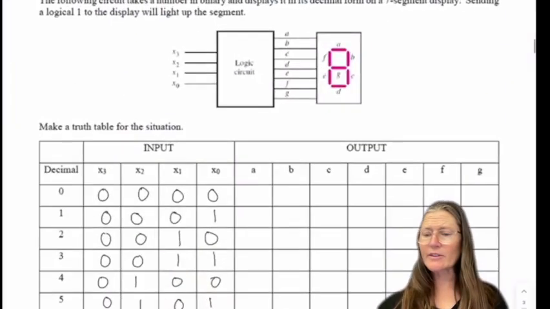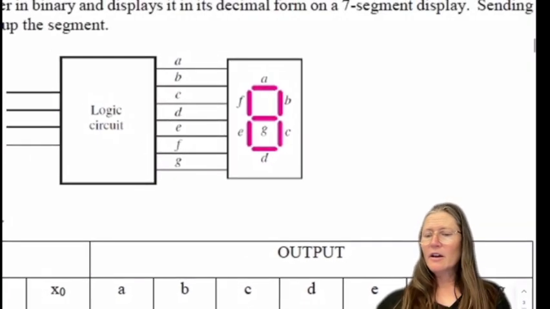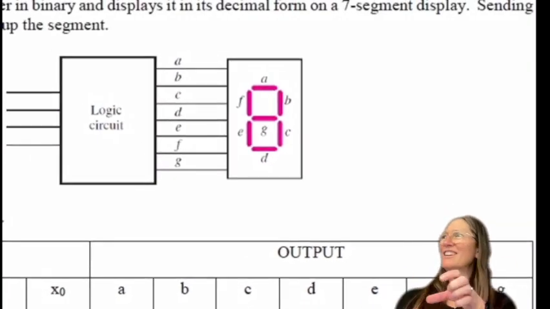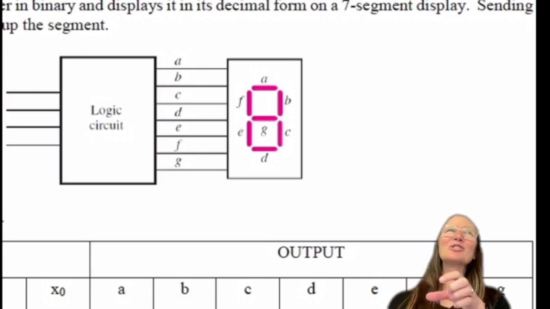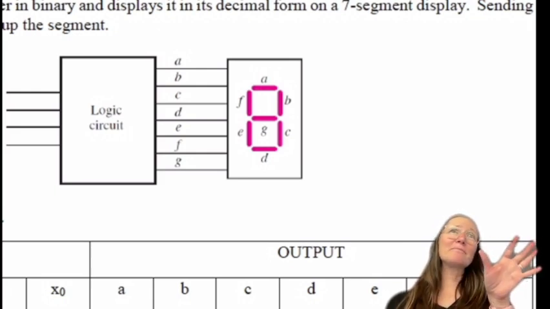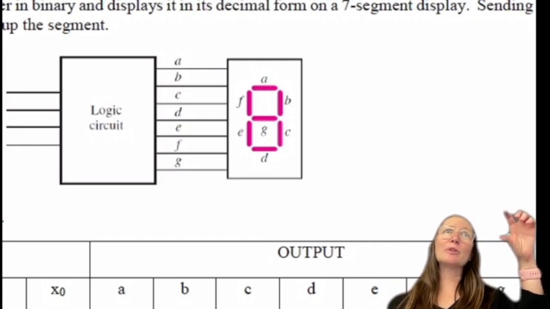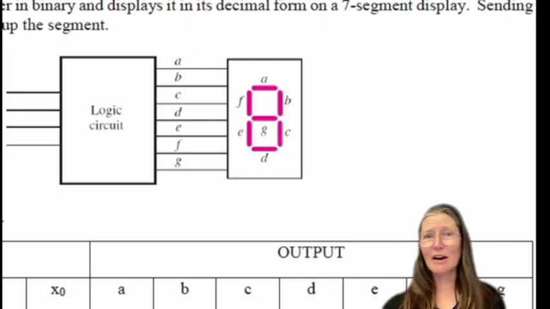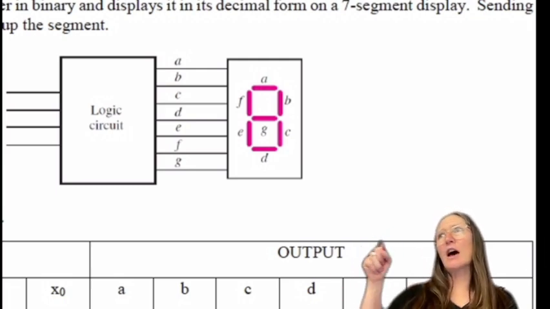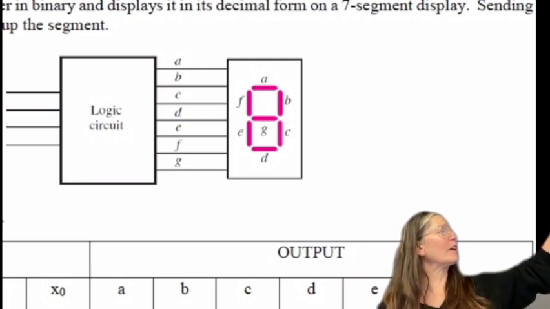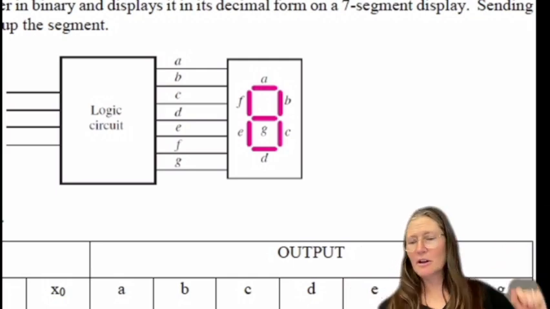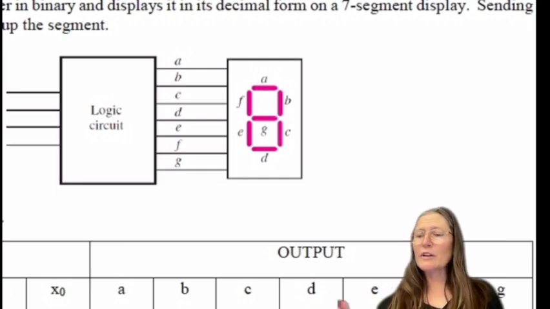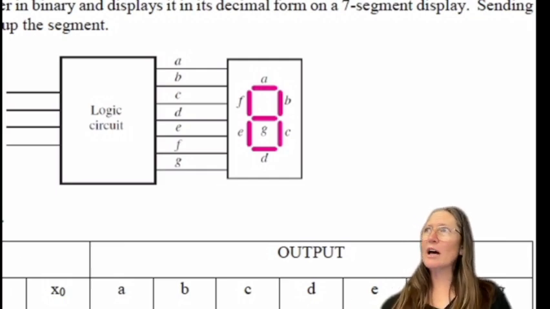So a 7-segment display, you guys have seen them, hopefully, on digital clocks. That's the display that has your number on there. They have much nicer ones than they used to have. Each segment of that is a letter: A, B, C, D, E, F, G. Depending on what number you want, that determines which lights come up.